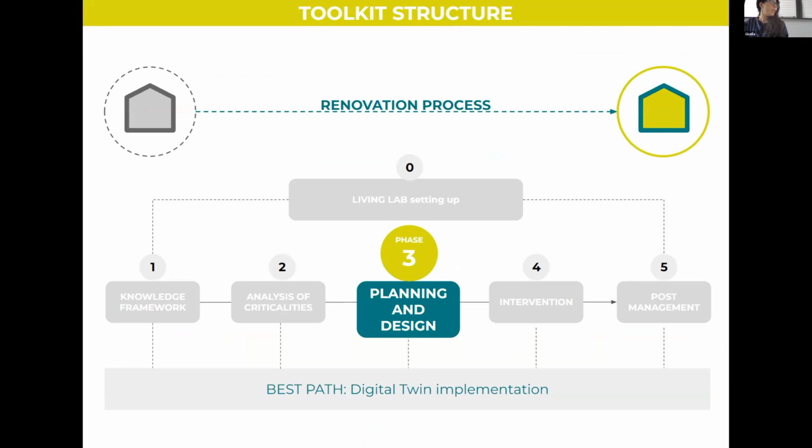Okay, we finished this second phase of the renovation process, and we will enter the third and central phase, the heart of the renovation process.